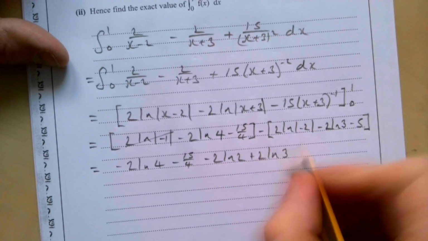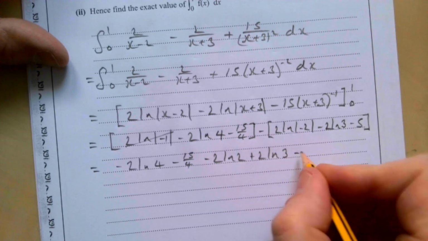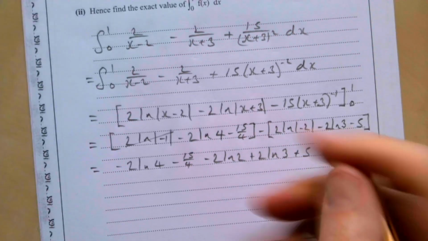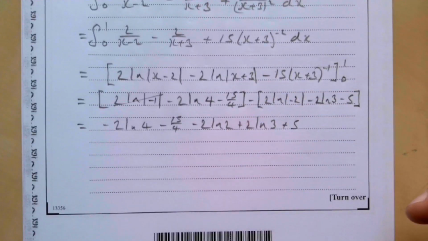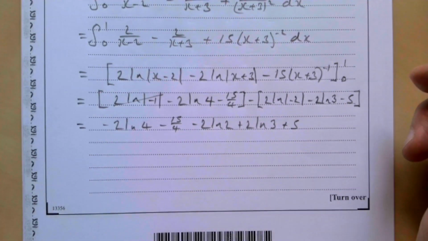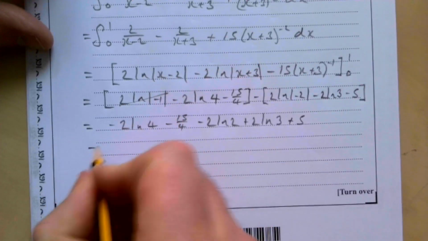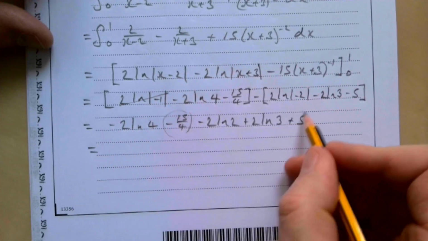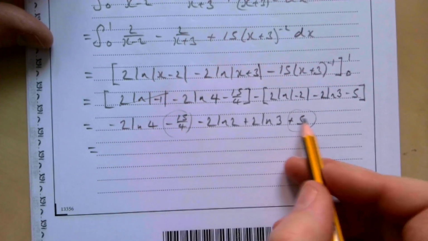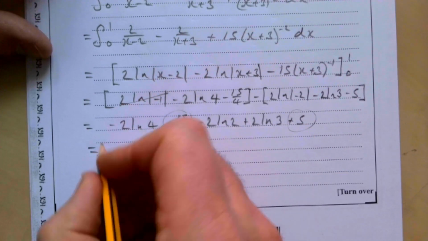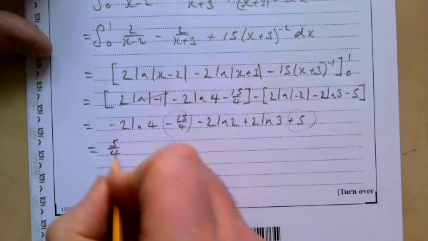That's going to be a plus there, and then that's going to be a plus 5. So let's take away look. A couple of different ways of attacking this, but I'm going to do it this way. I'm going to take this term here and this term here, so that would be 20 over 4, take away 15 over 4, so that gives me a 5 over 4 there.